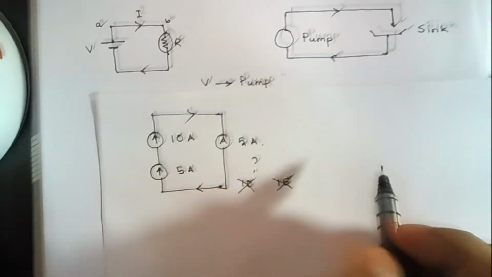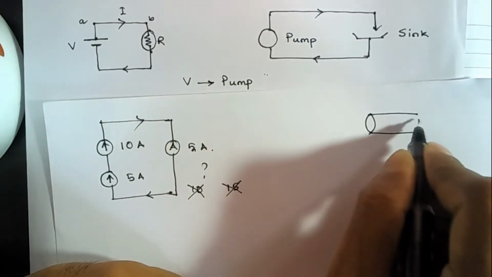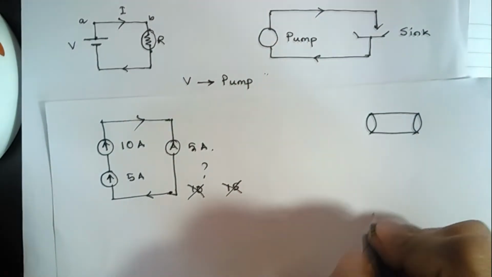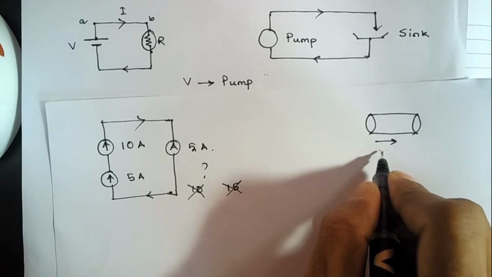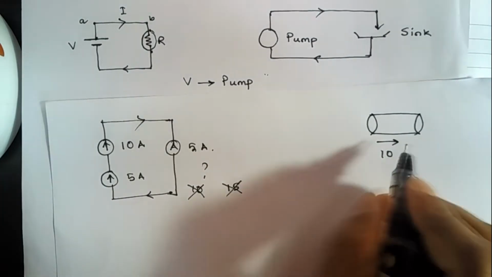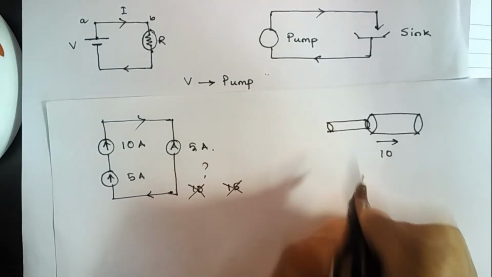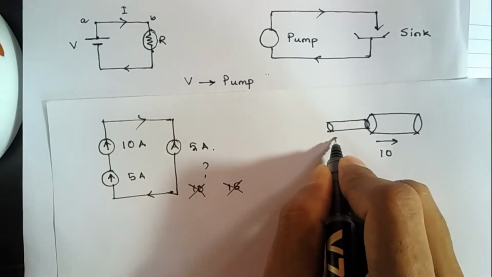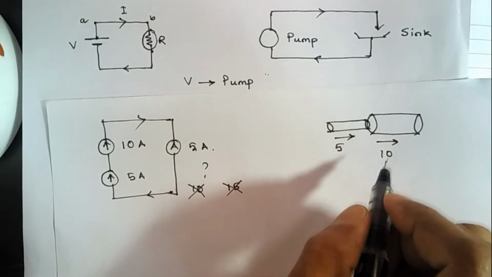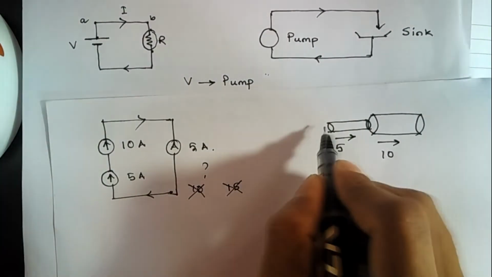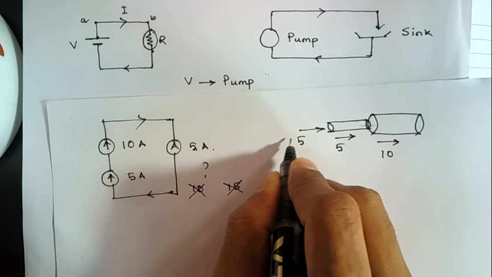Again comes the analogy part. Here is a pipe. Through this pipe, the water flows like 10 units. And in series, we have connected another pipe. The water flowing through this pipe is 5 units. Then if we measure how much water is flowing through this path, it will show 5 units.